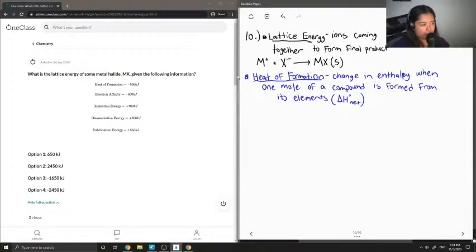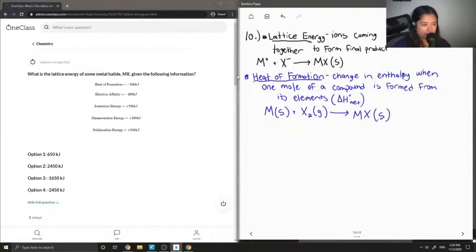So for our example, this is the same thing as having our metal as a solid plus our halide as a gas. So these are just the pure elements to make our final product.